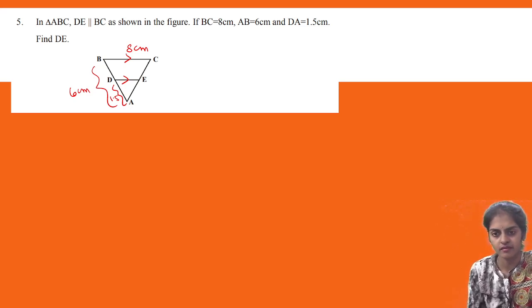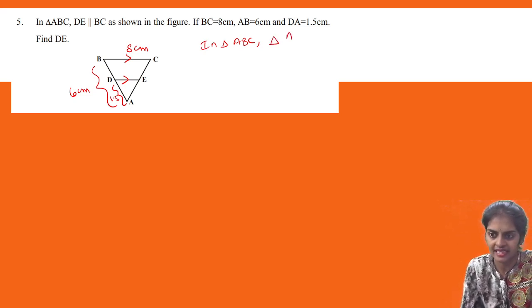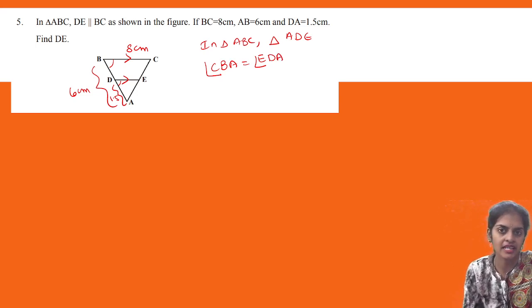So see, when these two are parallel lines, let me write in triangle ABC and triangle ADE. If I take these two triangles, since these two lines are parallel, corresponding angles are equal. So I can write angle CBA equals angle EDA, corresponding angles.